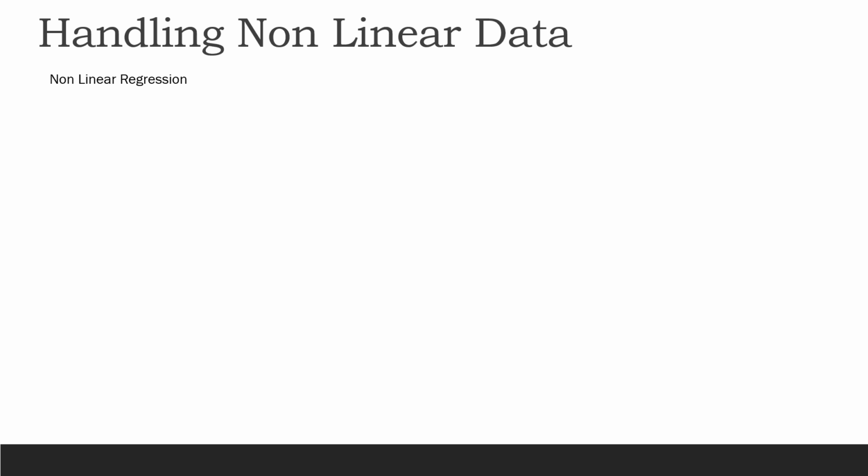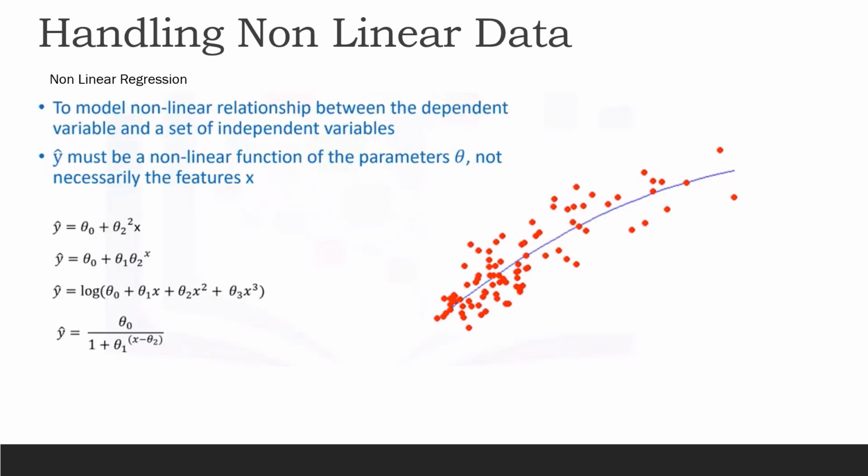So the third one was using non-linear regression, and this is the most important and most widely used regression method. As we saw, the relationship could be a polynomial equation with nth degree of x, or some other relationship defined by a logarithmic or an exponential relationship with some of the variables.